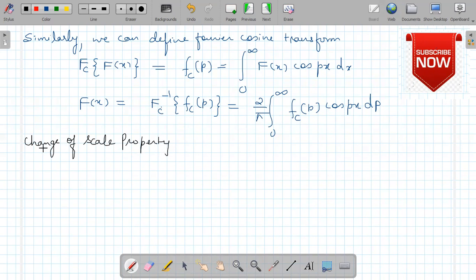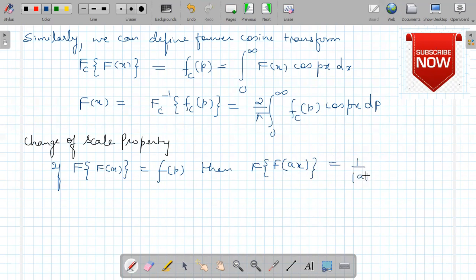The property is that if the Fourier transform of any function f(x) is F(p), then the Fourier transform of f(ax) is 1 upon mod a times F(p upon a).